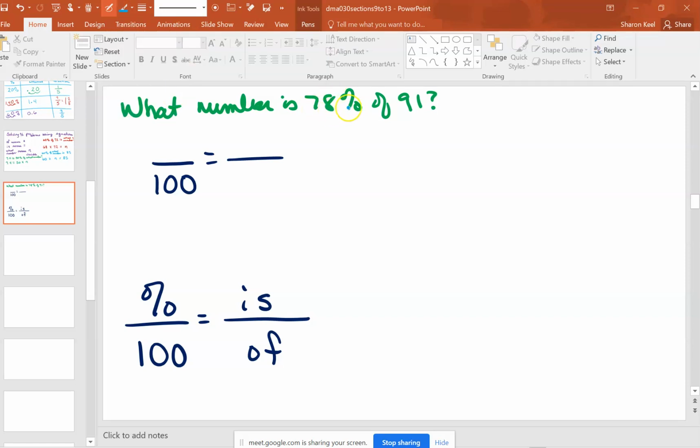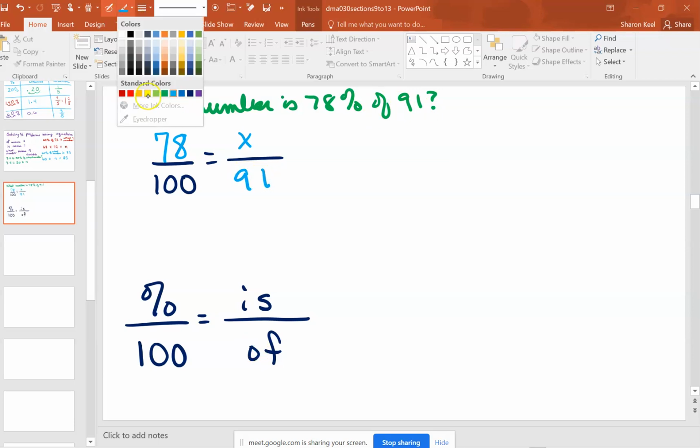And there is, 78%. Don't change it to a decimal or do anything else. Just take the number 78, the percent, and put it over the 100. What number is? Is would be the top. Is the unknown. That's what we're solving for. Of 91. The of 91 is going to go in the denominator.